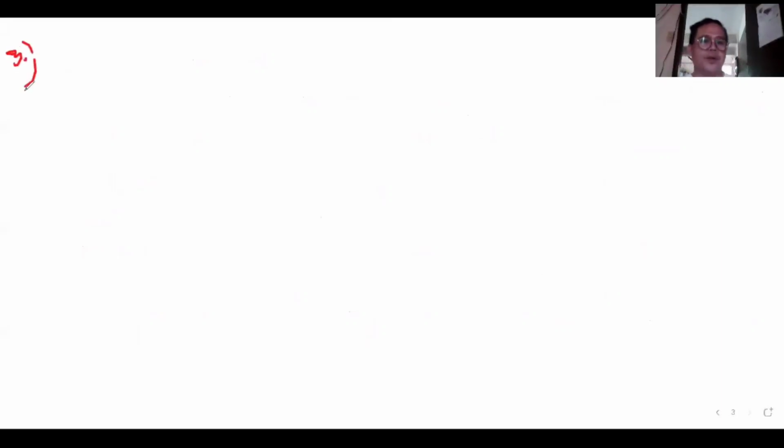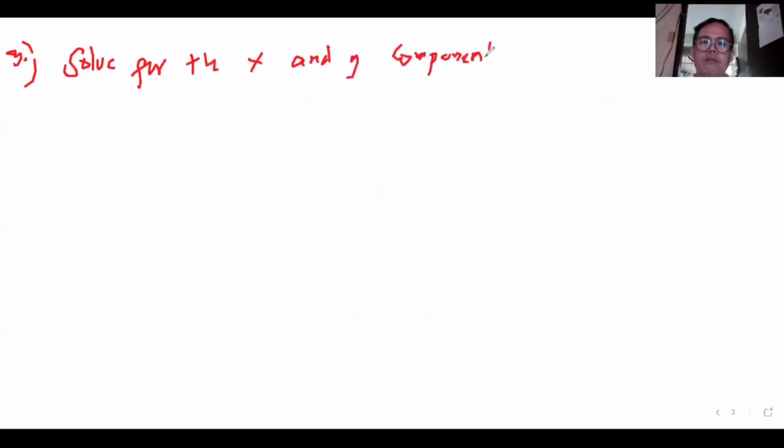Our third step will be to solve for the X and Y components of the vectors.